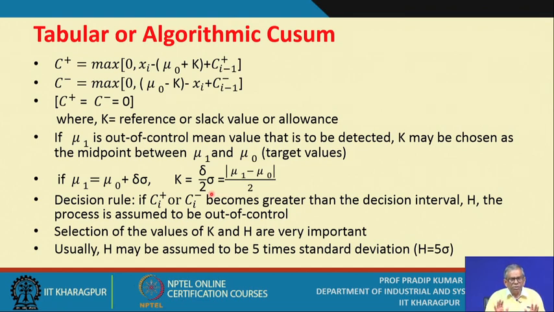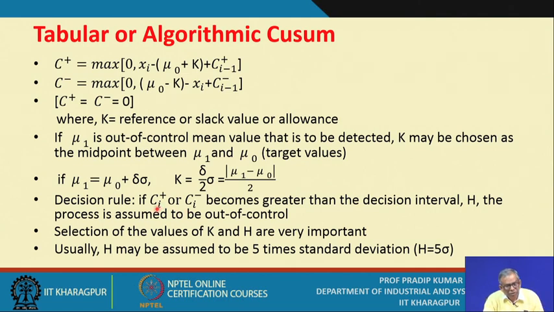Okay. So what is the decision rule? With the given set of data, you need to compute Ci plus or Ci minus. What is i? i is the sample number. Suppose you have some 20 such sample points or 30 such sample points, you have to start from i equals 1.